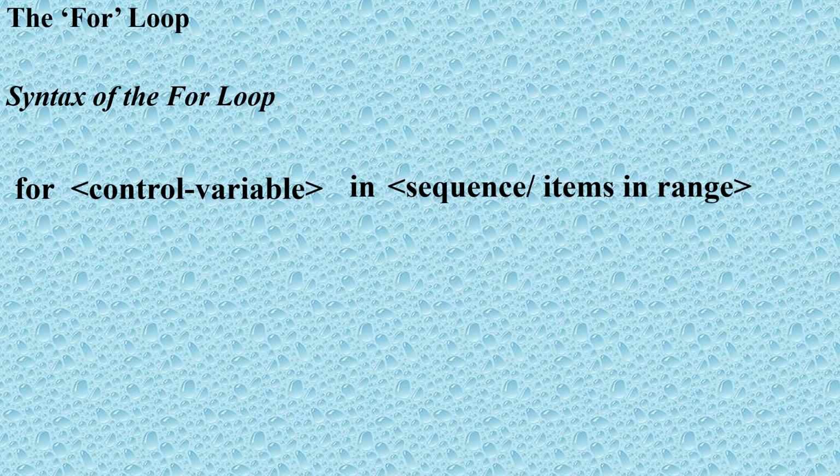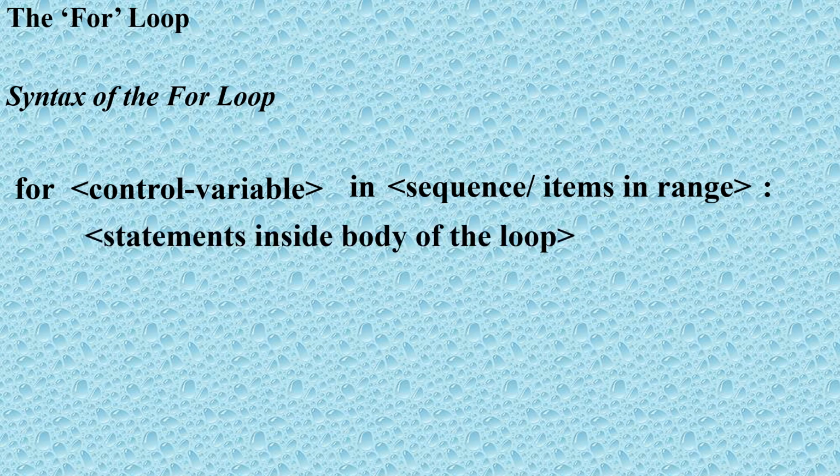If it is, then afterwards you need to write a colon, then in the next line an indentation space, then a statement inside the body of the loop. You can write any number of statements inside the body of the loop. Each has to have one indentation space.